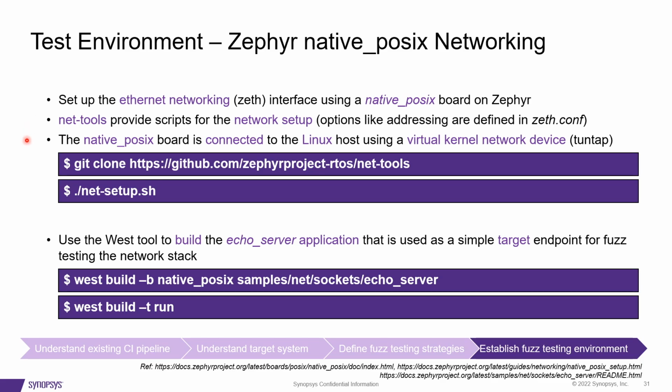And this is running on the same Linux host as our fuzz testing tool. So we use the NetTools here, do the setup, and then we need to have a target software, an application running that we will fuzz test against. In this case, we use the Echo Server application, and this is how we build it and run it.